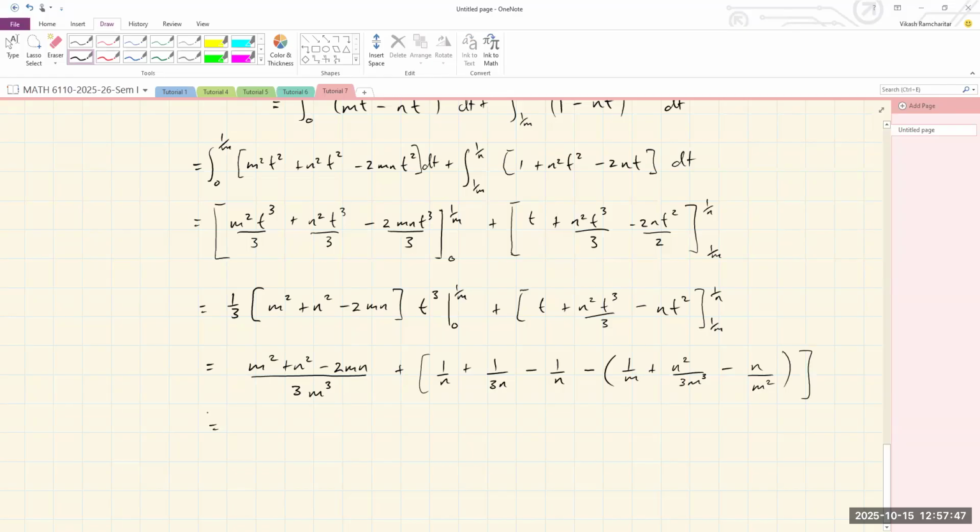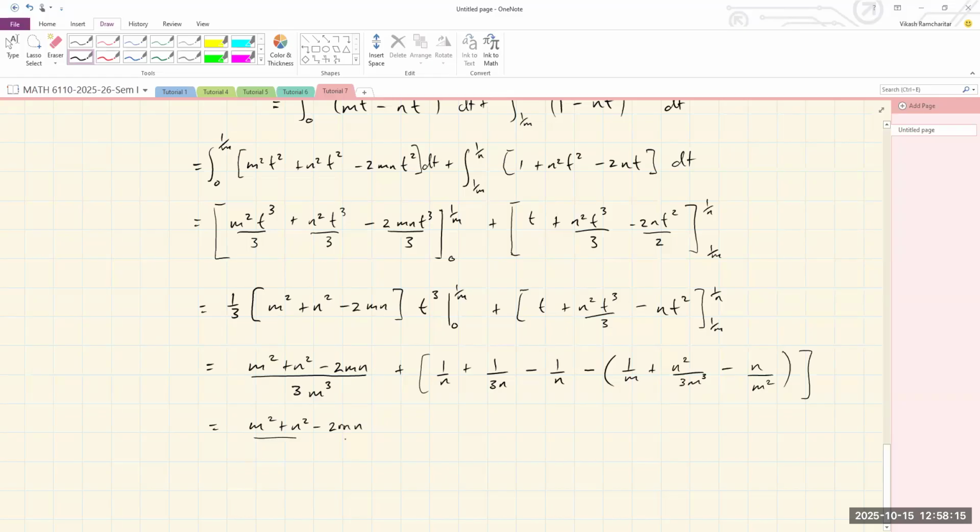Okay. All right. So let's see if anything here simplifies. So this guy, what remains the same? m squared plus n squared minus 2mn. Actually, I think this is m minus n all squared. Yeah.